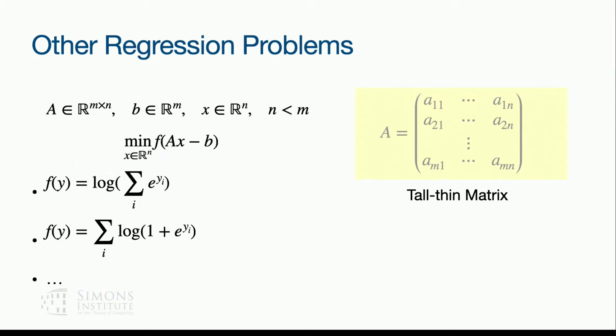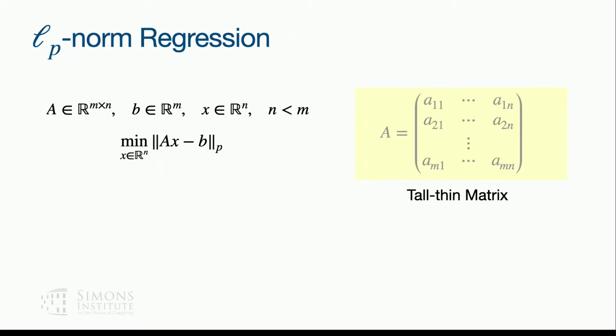There are some other things people can use, like logistic regression, which is mostly used in the case of classification. And then there's softmax regression, which is used for finding smooth approximations to the max norm. But let's focus today on P norm regression for, let's say, P larger than 2.